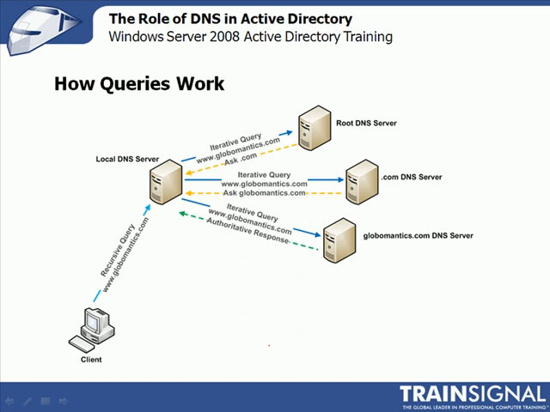Now that authoritative response could have been the IP address of the server that we were looking for, or we should really just say the host we're looking for, it may not be a server. Or that authoritative response could have been, no, that host doesn't exist. But in this case, the host does exist, so it responded back with an IP address, and the local DNS server then sends that IP address back to the client.